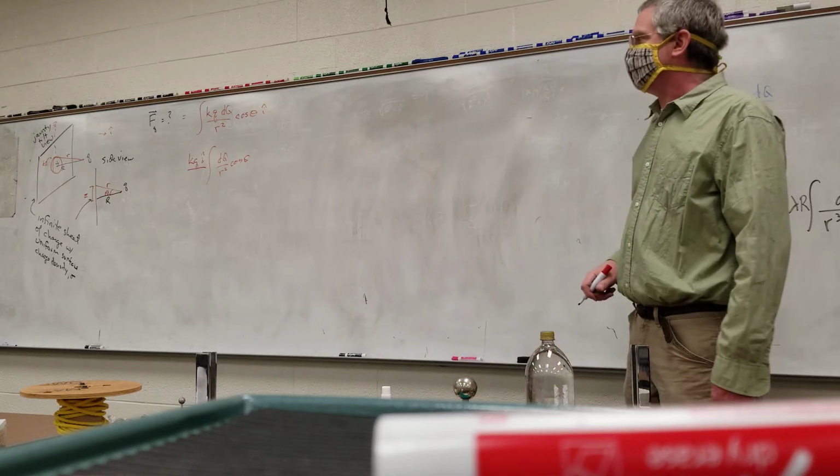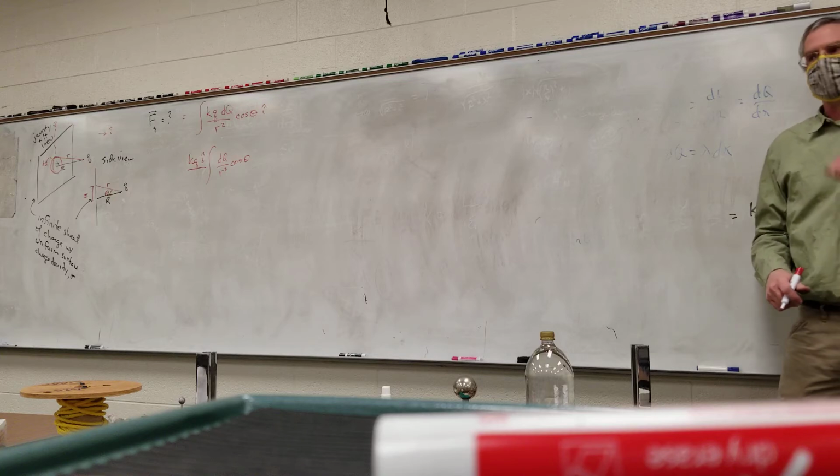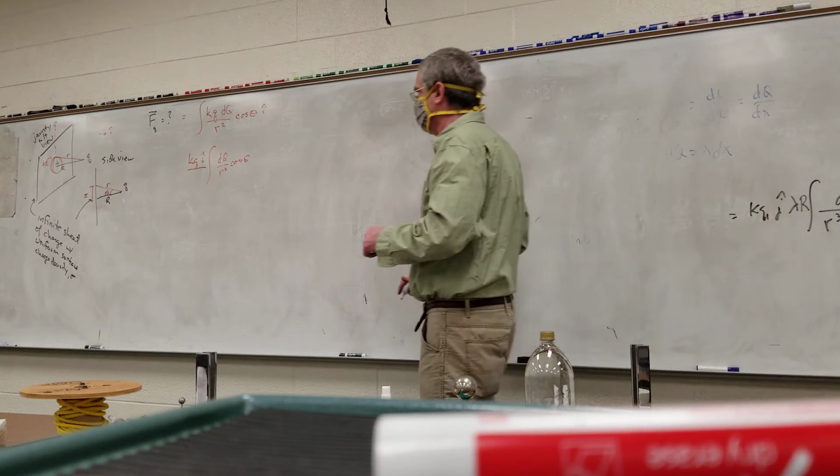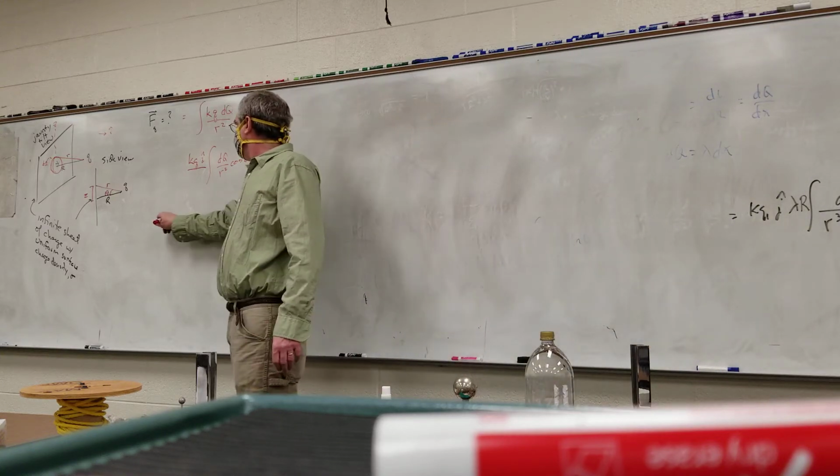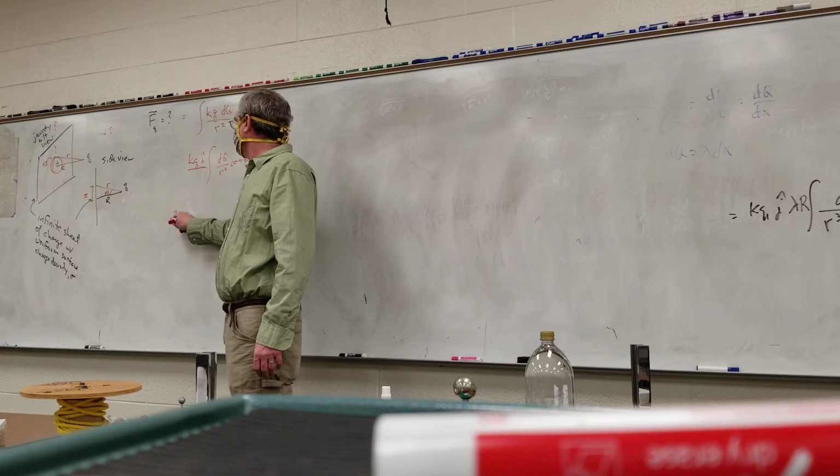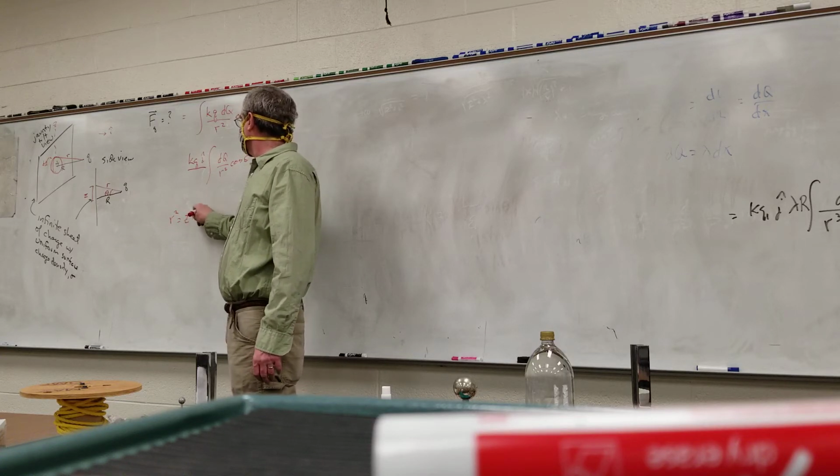Looks very similar to what we just did, except I got a cosine here instead of the sine. That's going to cause the integral that we have to do ultimately to be different. I know that r squared is equal to z squared plus big R squared.